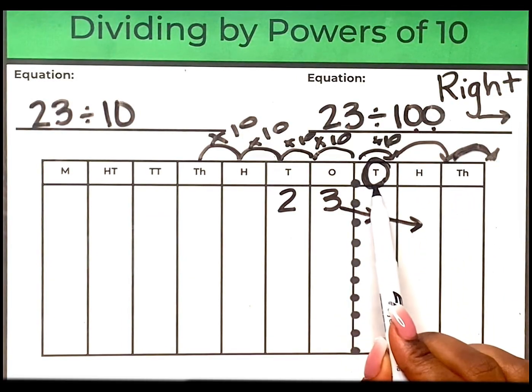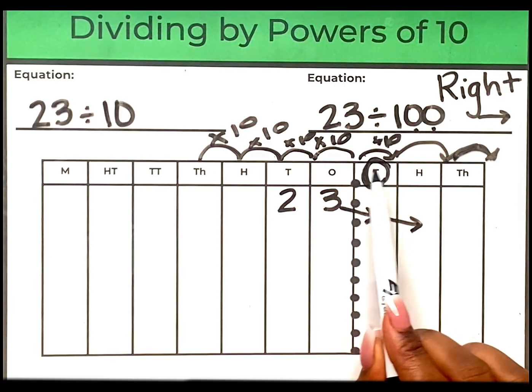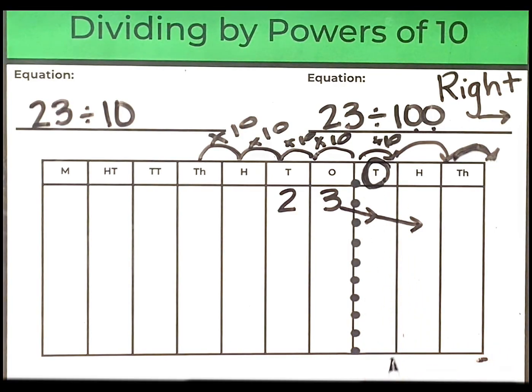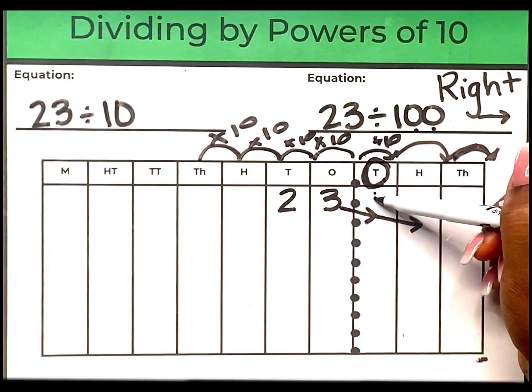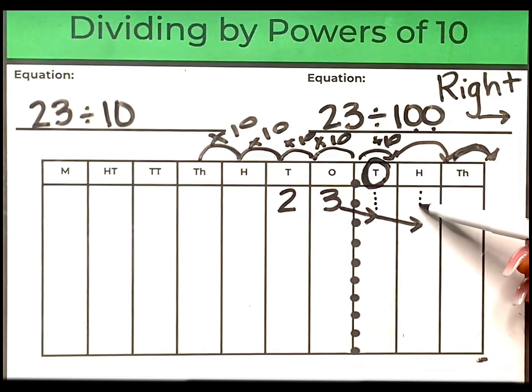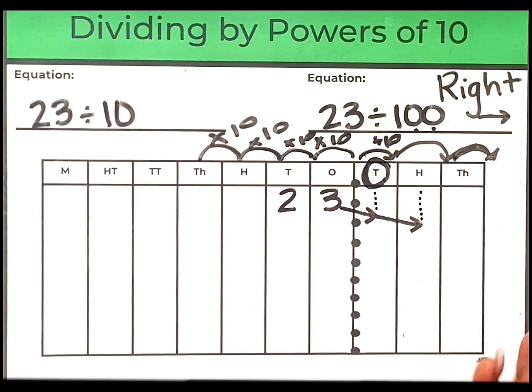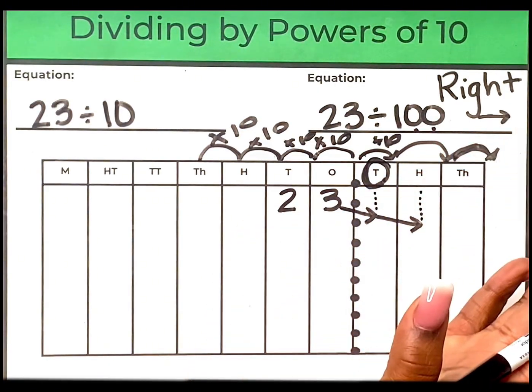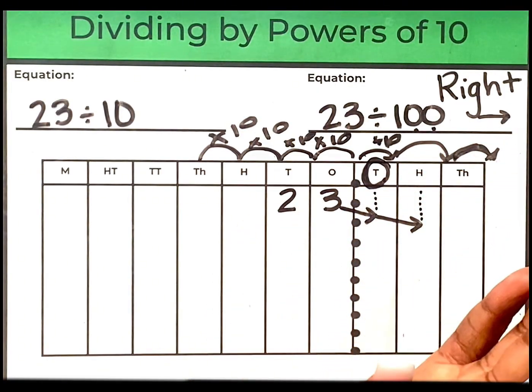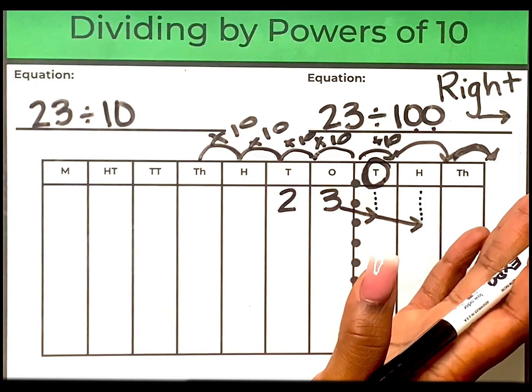Make sure you're at least halfway in between that place value section, that column. Make sure you're halfway. If you notice, my arrows are kind of midway. I do that because I want to make sure I've shifted directly into a new location.